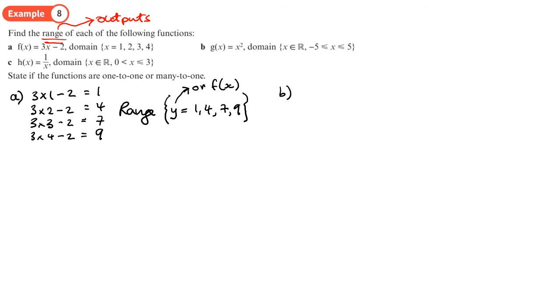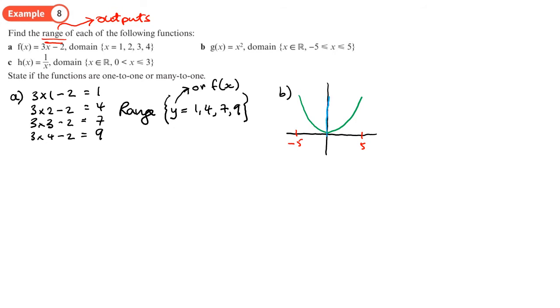Right, so we've got x squared, and the domain goes from -5 to 5. A graph might help. So here it's not just single numbers, it's a whole set of numbers. So here's my graph of x squared. My input numbers are going from -5 to 5. And I can see the range.